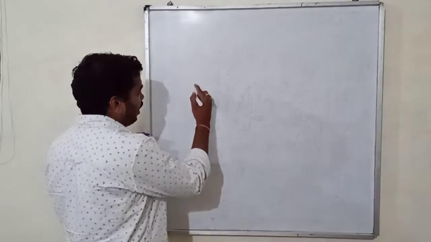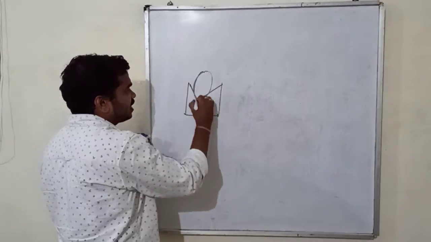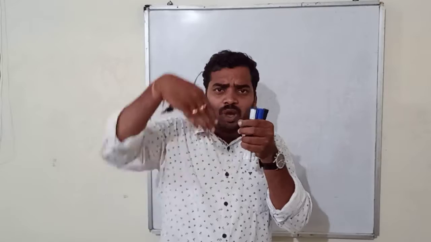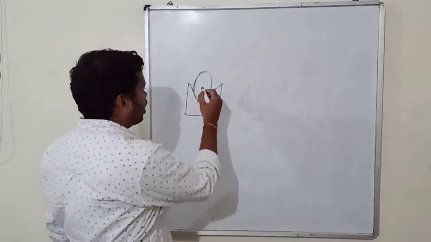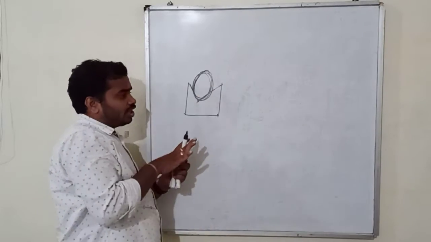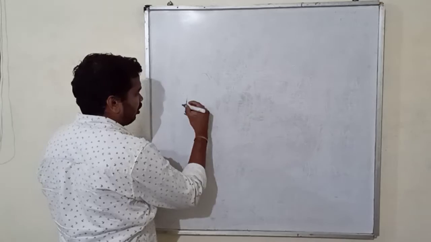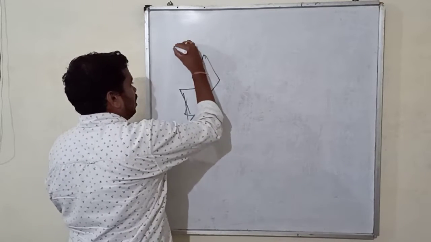See, we have put a V-shaped stand. In that V-shaped stand there will be a slot, a gap. Within that the concave mirror will be seated in like this. The concave mirror will be facing that side.